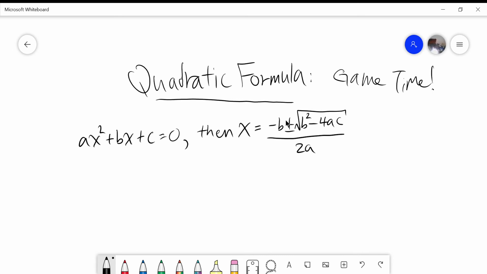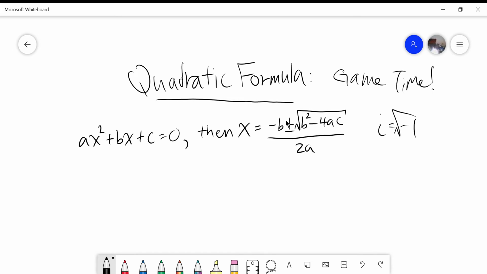And this would give you two solutions to any quadratic function there is. Well, except for i, the imaginary number. You wouldn't learn that yet, but it's fine.